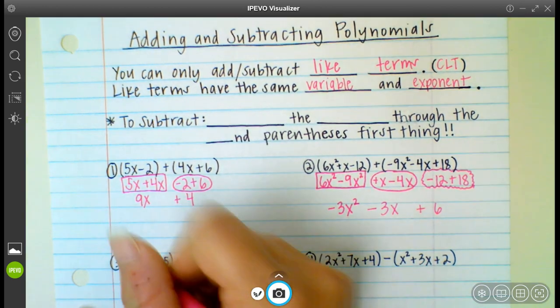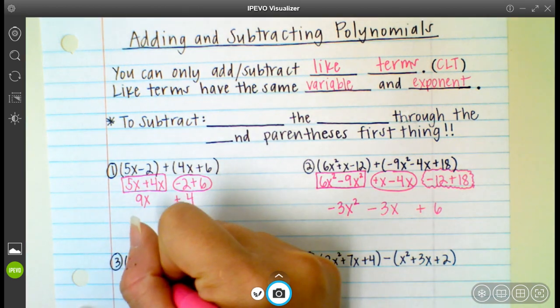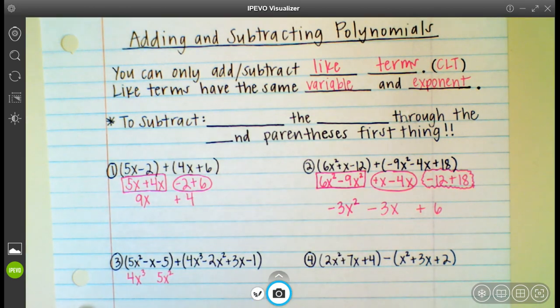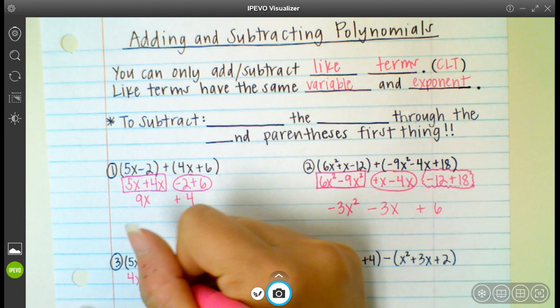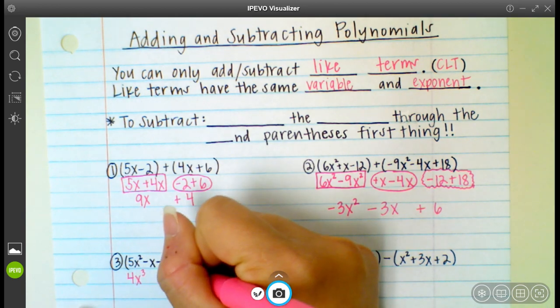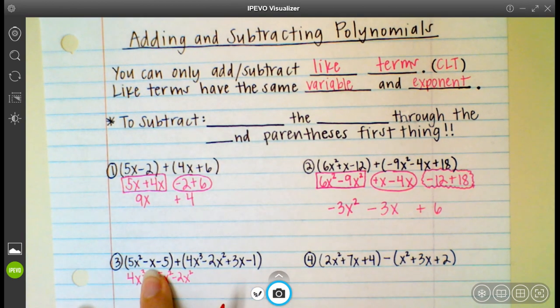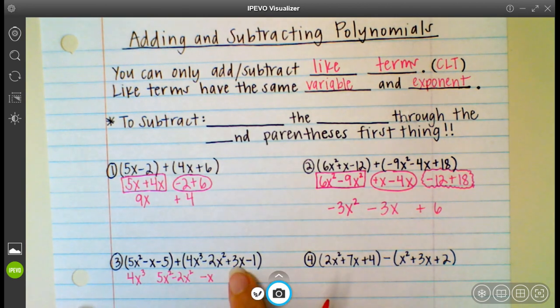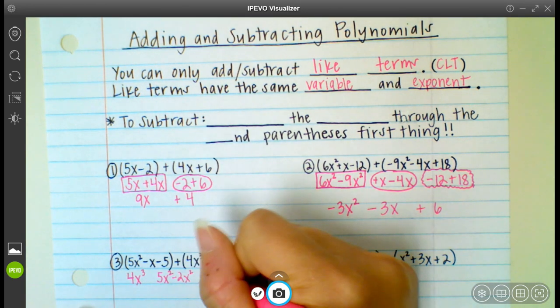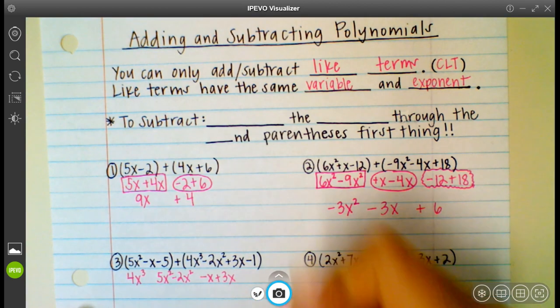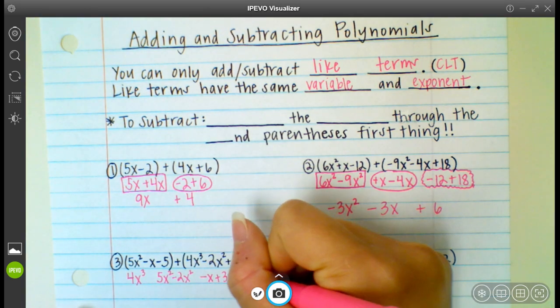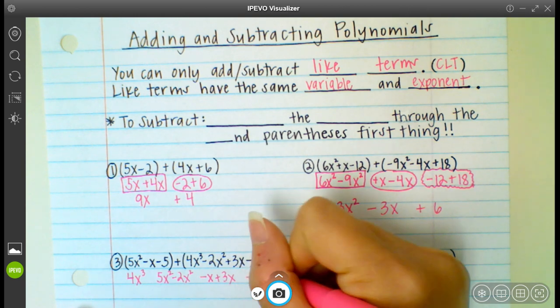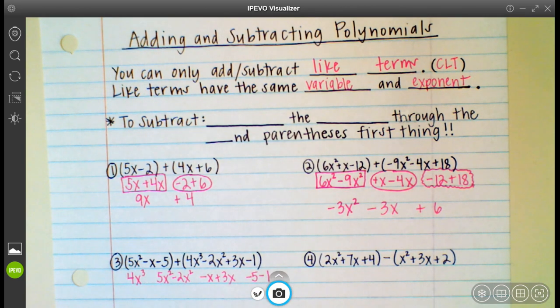So we see a 5x squared in the first parenthesis, and we have a minus 2x squared in the second parenthesis. In the first parenthesis, we see a minus x, and in the second parenthesis, we have a plus 3x. And in the first parenthesis, we have minus 5, and in the second parenthesis we have minus 1.